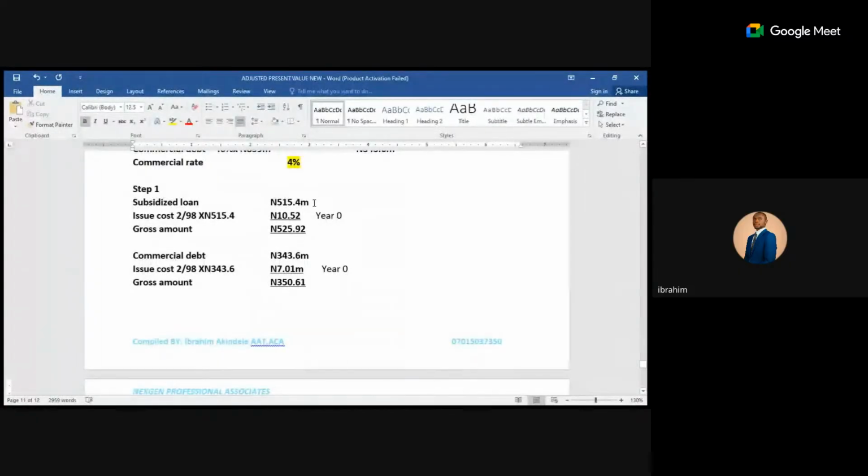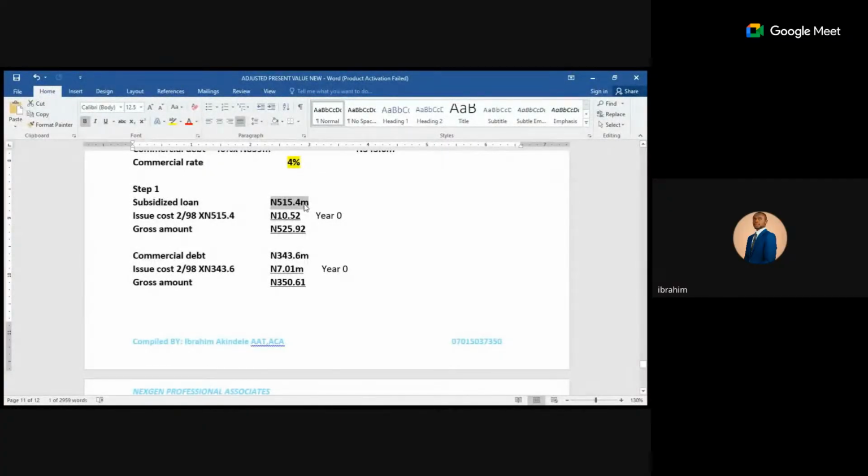This is the net amount. That is why I said practically you need 15 naira. From this 15 naira that you need, this is what we call the net amount. Net amount means that the issue cost has not even been considered yet.